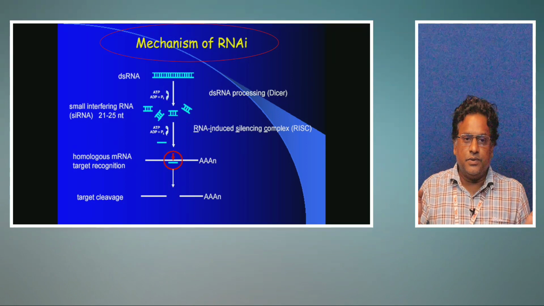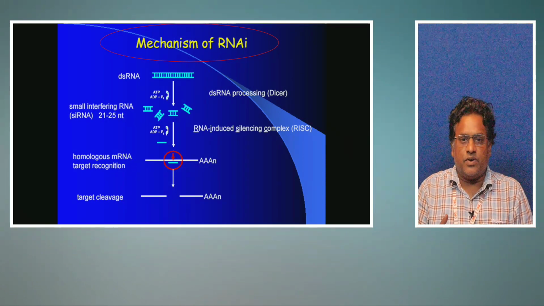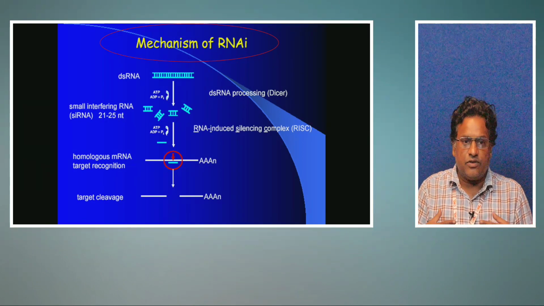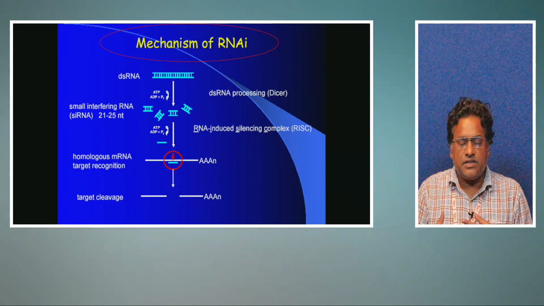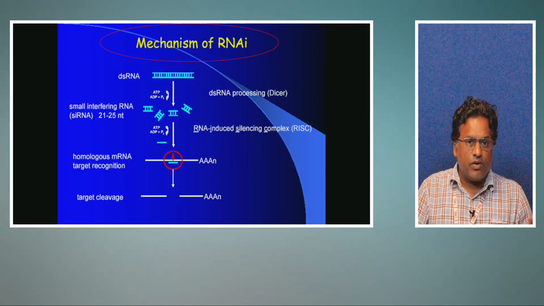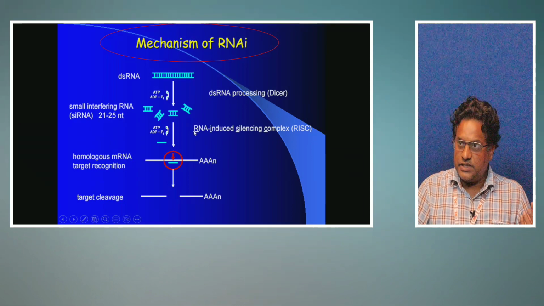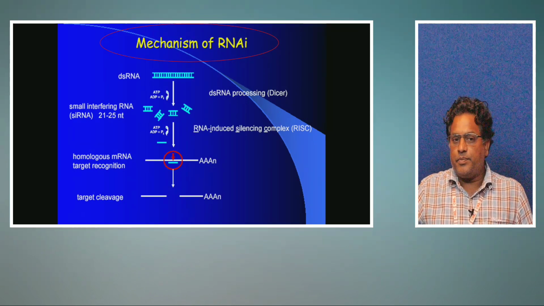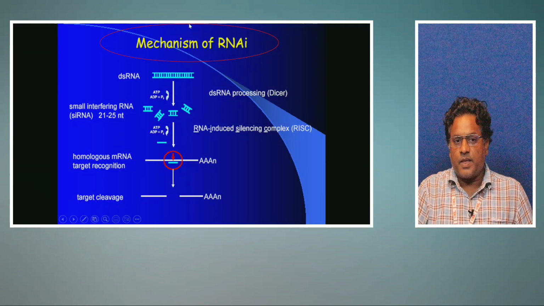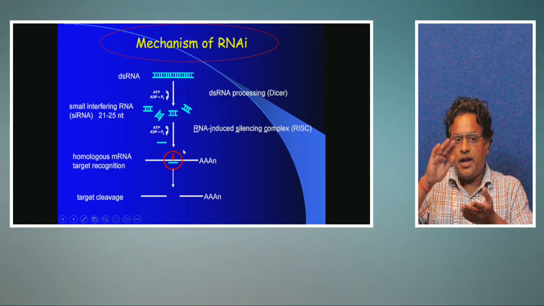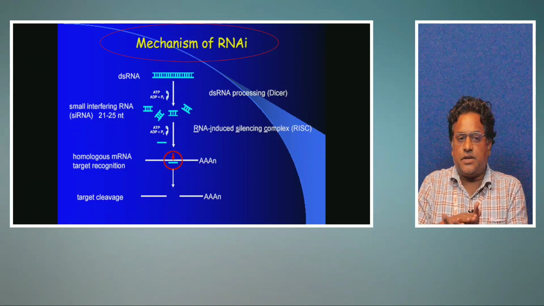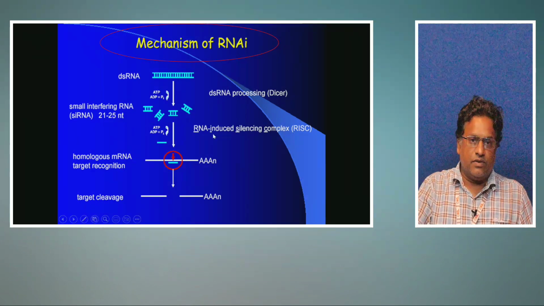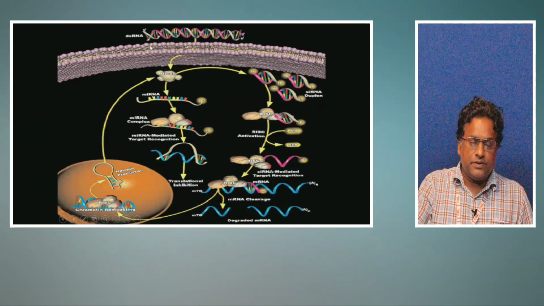Then there is a complex called the RISC complex, the RNA-induced silencing complex. When it targets homologous mRNA, target recognition helps in silencing of the RNA.